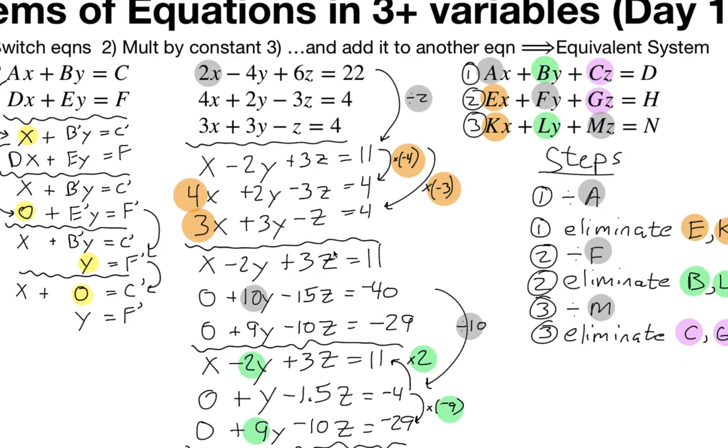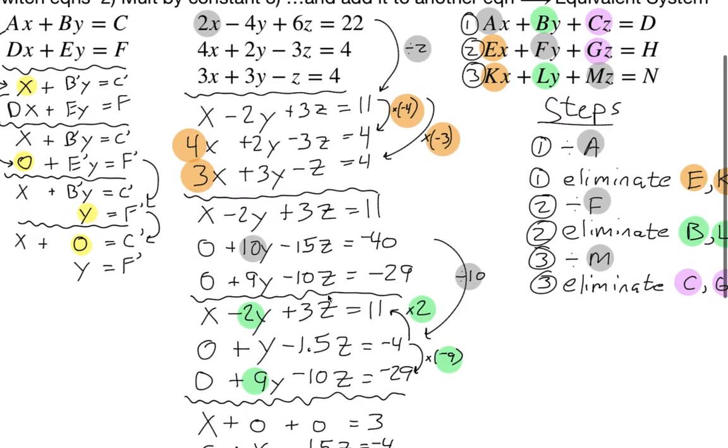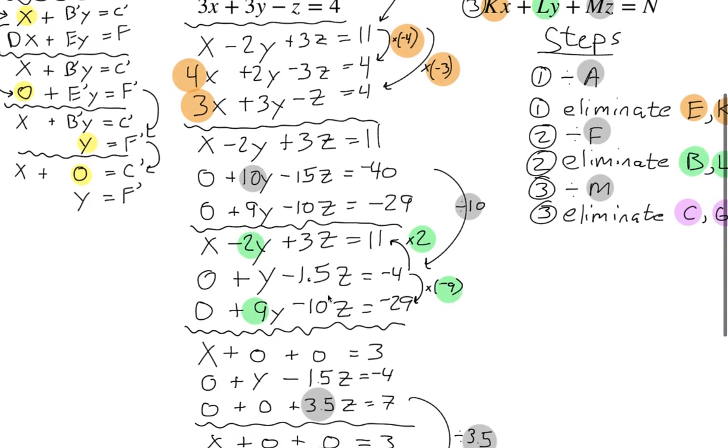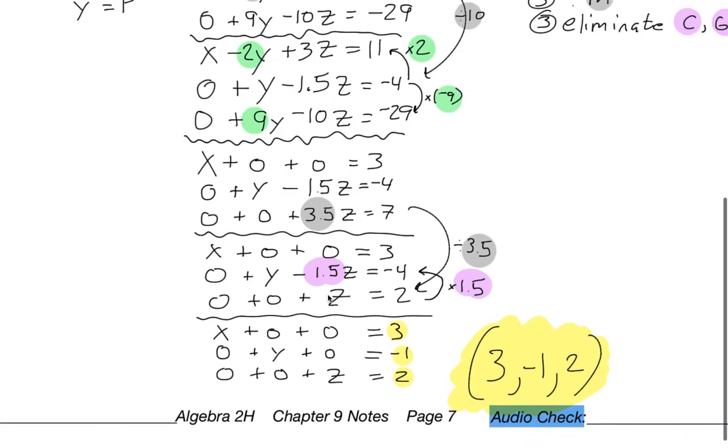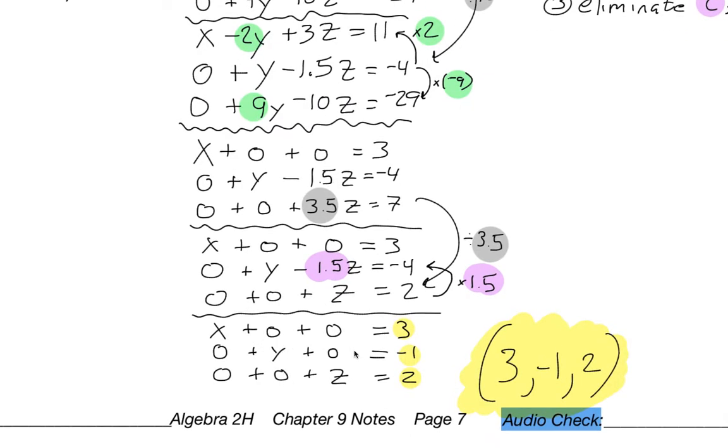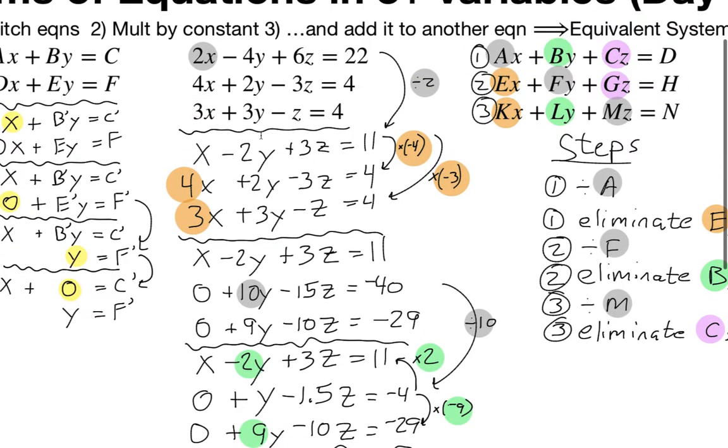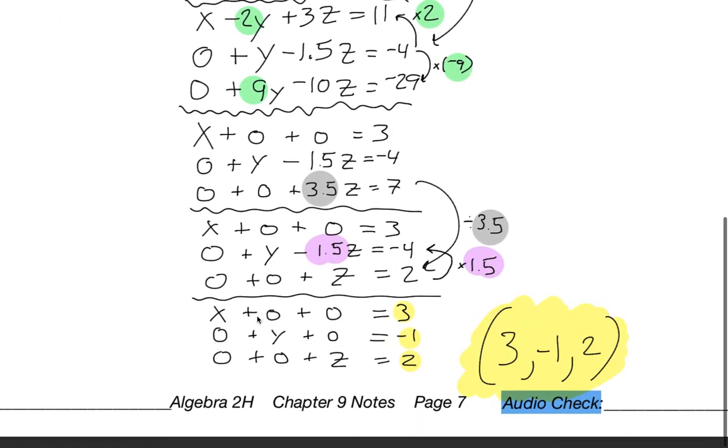These are all equivalent systems, meaning they have the same solutions, except that, as you can see, getting down here, this system is equivalent to this system, but now the solutions are much more easily read off here because you have x, y, z, and a whole bunch of zeros.